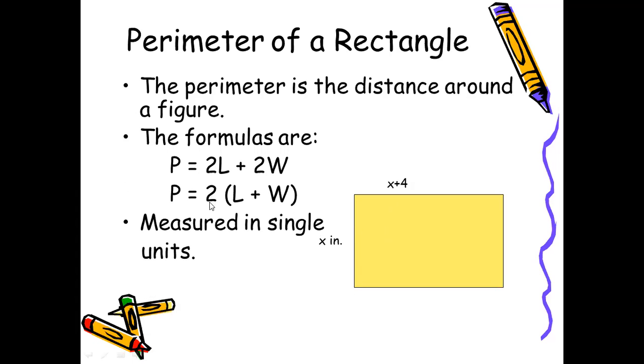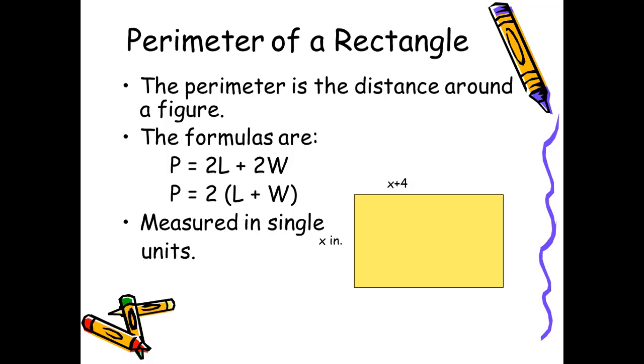This other one is a simplified version of the above formula. You can use any one of them you want to. Either way, you're going to get the same answer.